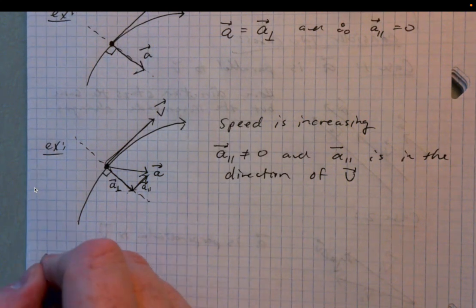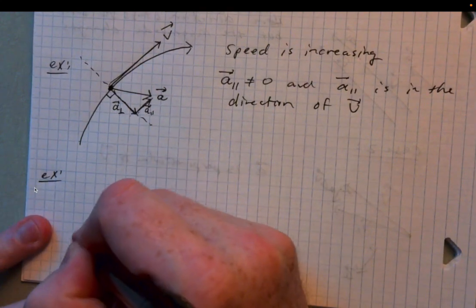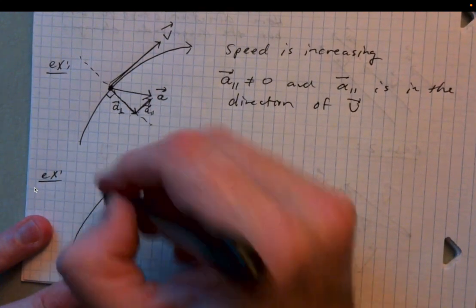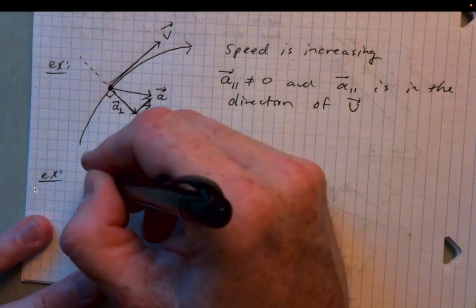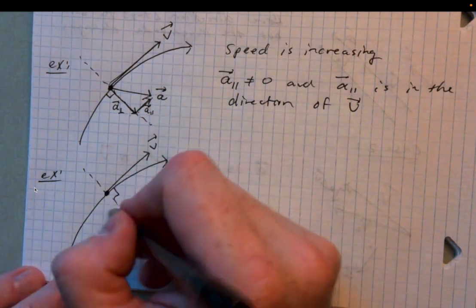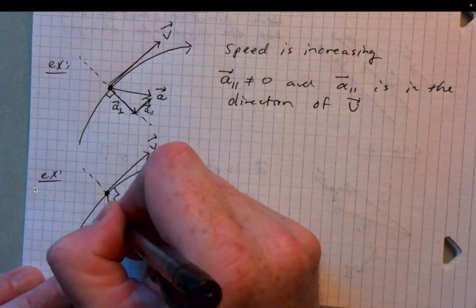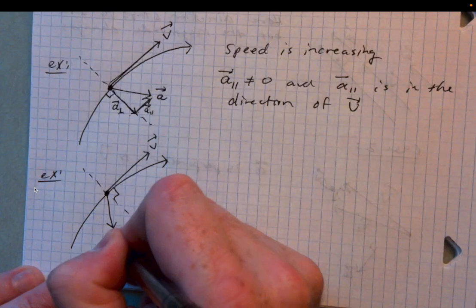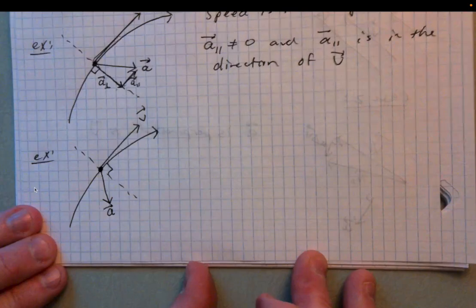And then lastly here, for this example, again, same path, particle here, there's my velocity, and again I've got my perpendicular. But in this case, let's say my acceleration is slightly back like this. So if my acceleration looks like that, what's going on? What's happening in this case?